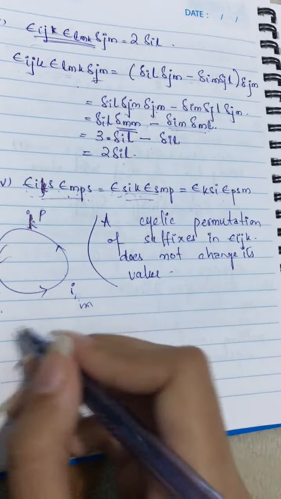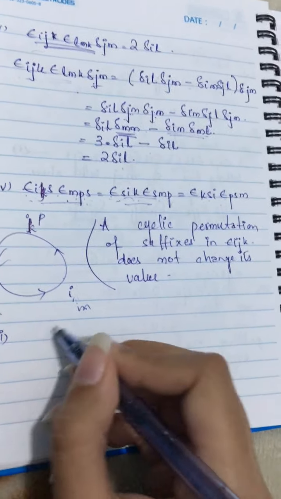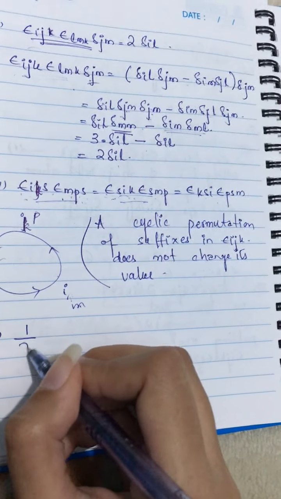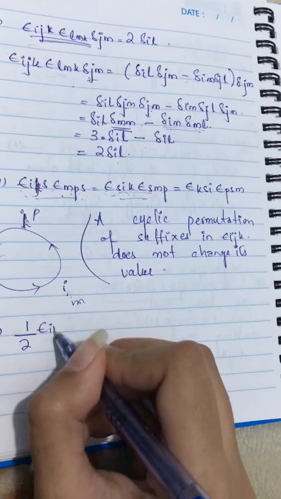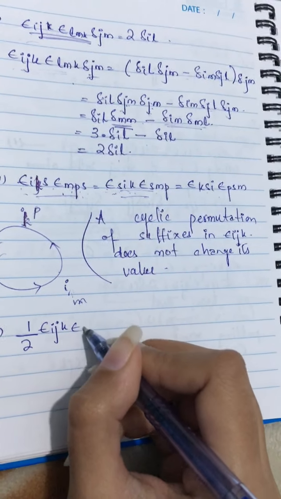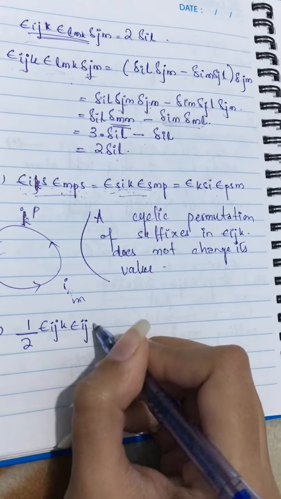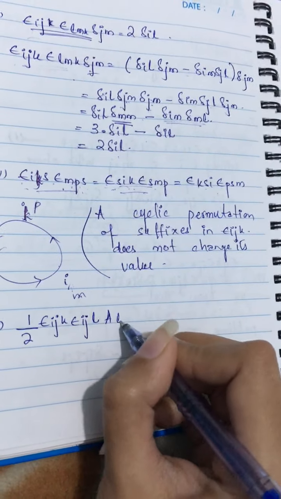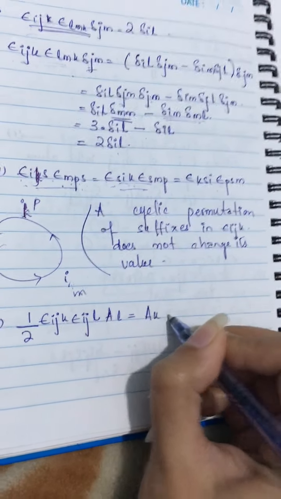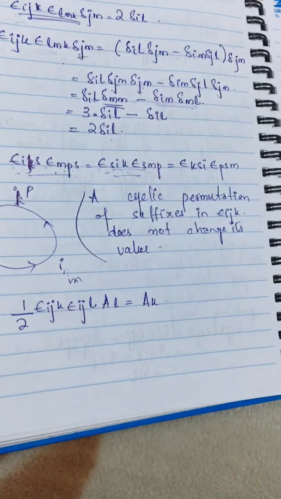Now the sixth one is we have to check that 1 over 2 epsilon_ijk epsilon_ijl A_l is basically equals to A_k. We have to prove this result.